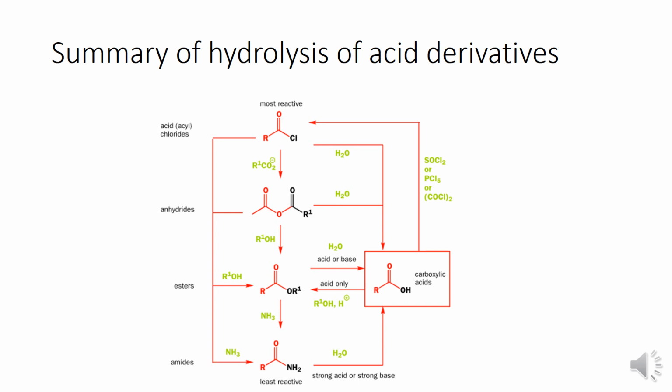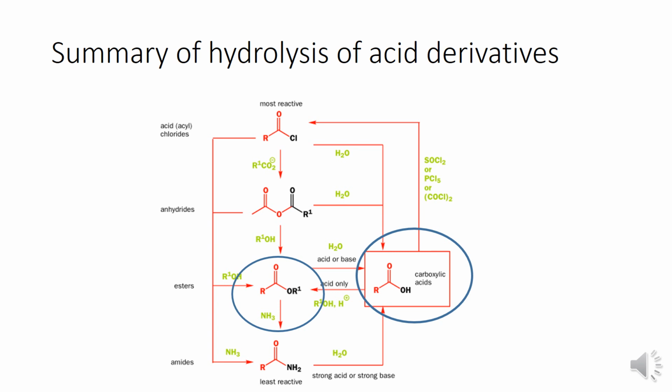Now, let's make a summary of hydrolysis of acid derivatives. The first derivative, the acyl chloride, is the most reactive one. Plus water, what does it give? It gives carboxylic acid. Now, the acid anhydride undergoes hydrolysis also to give how many carboxylic acids? To give 2 carboxylic acids.